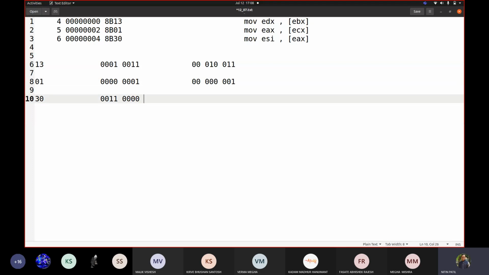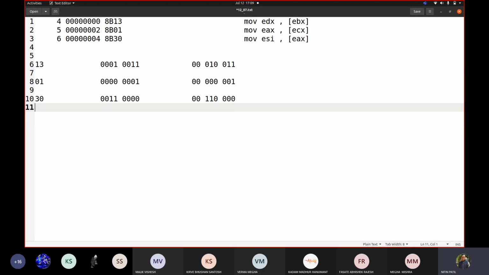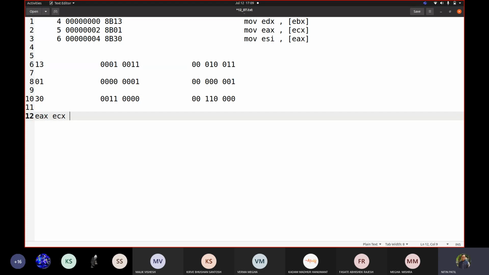Correct. Similarly, if we go with this, 00, 110, and 000. Now recall what the numbers were: EAX, ECX, EDX, EBX. Correct.